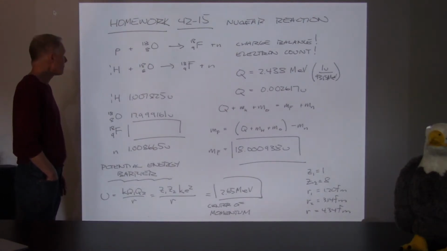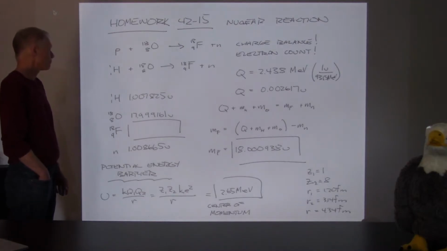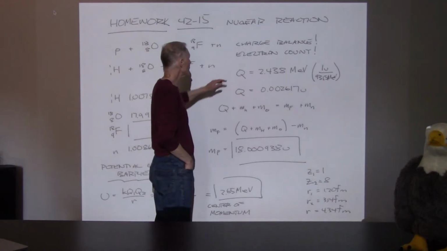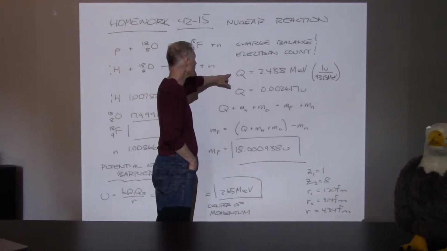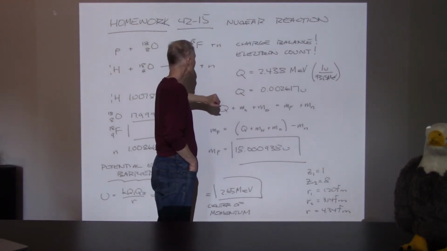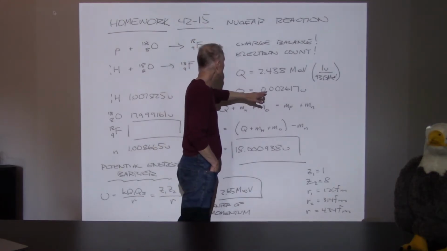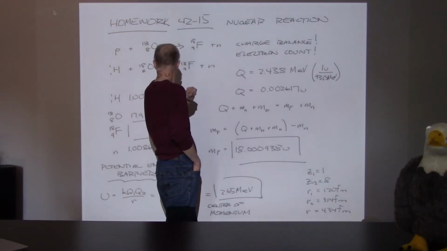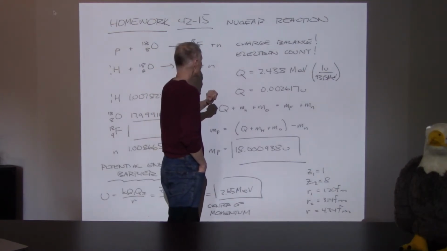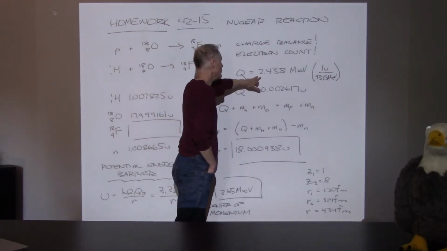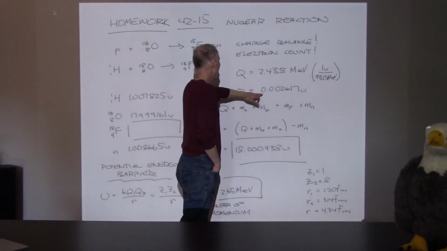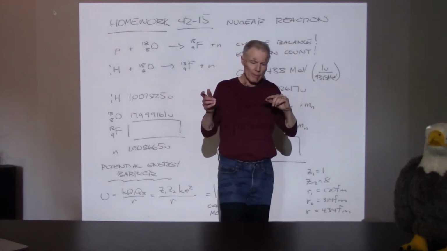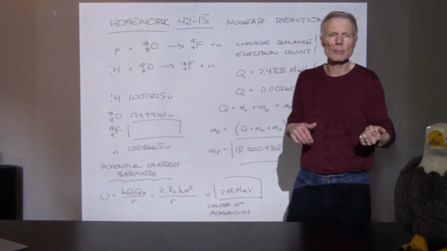Now, in the problem, we can go through, we've calculated what the Q value is for this, or we can calculate what the energy release is, or they've told us what the energy release is in this, and then we can convert. Last time we were taking a certain amount of mass and converting it into a certain amount of energy.